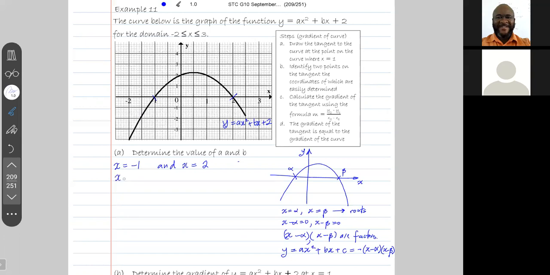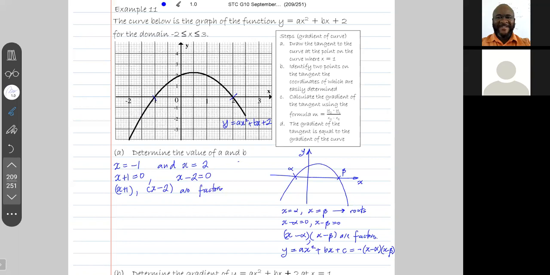So this is x plus 1 is equal to 0. And positive 2 on the right goes over to the left, becomes negative, and we have x minus 2 is equal to 0. Now, x plus 1 and x minus 2 are factors of my quadratic expression.